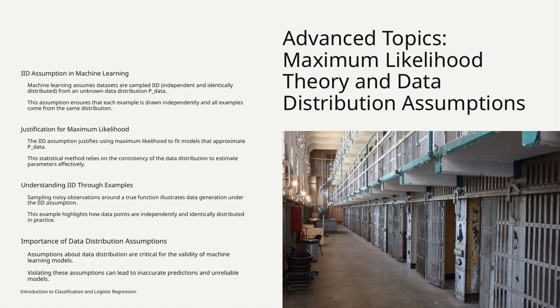Finally, it's important to recognize that assumptions about data distribution aren't just technical details. They're critical for the validity of our models. If these assumptions are violated, our predictions can become inaccurate, and the reliability of our models can break down. So, understanding and respecting the IID assumption and data distribution assumptions is essential for building robust, trustworthy machine learning models.